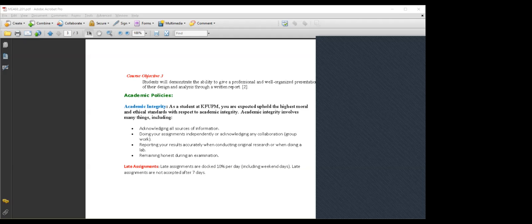For example, member 1 did this part of the work, member 2 did that part. Although the work is cooperative, there is a part of the grade on the group work, but there is also a part on the individual contribution to each element. Any questions so far? No, fine.